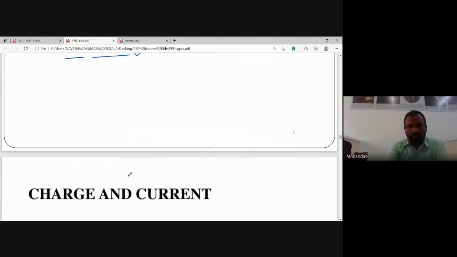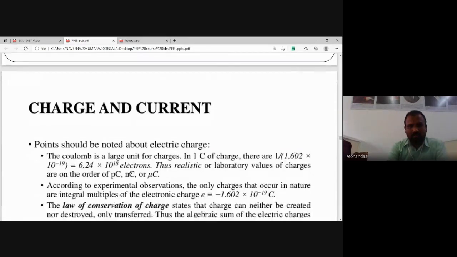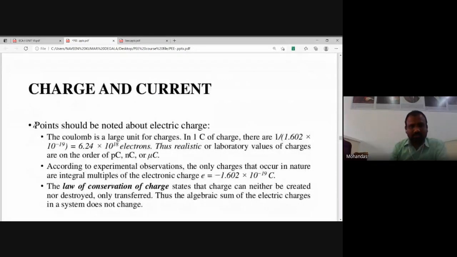So in our concepts, the points should be noted about the electric charge. The coulomb is the unit for the charge. 1 coulomb is a very large value, very large value. So if you take a charge, you will always see it in terms of micro coulombs like that.